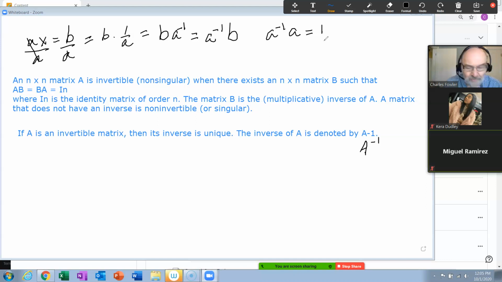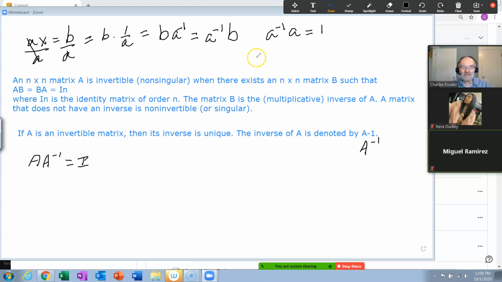Now they do a little proof here, and it's a pretty easy one for this one. If A is an invertible matrix, that means that there is an inverse. Let's call it A inverse, and the product of those two has got to be I. You know that. So that inverse we're going to say is unique.